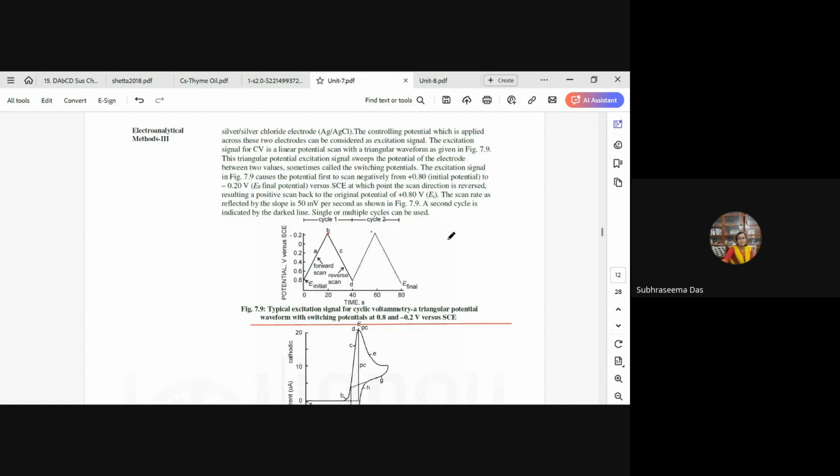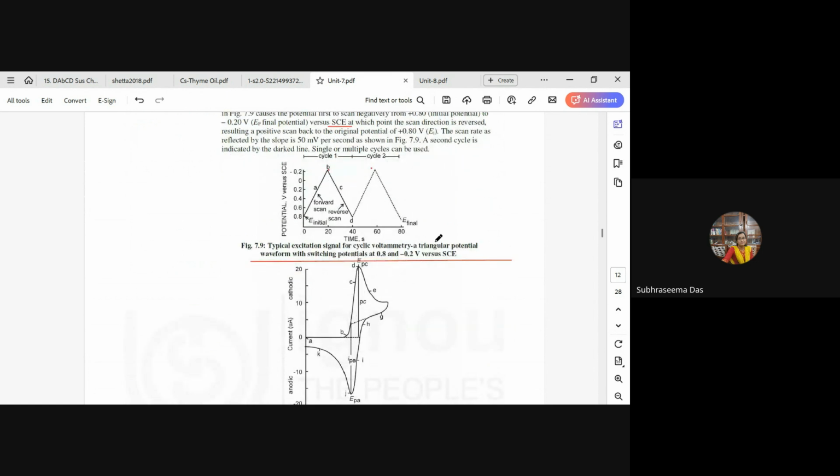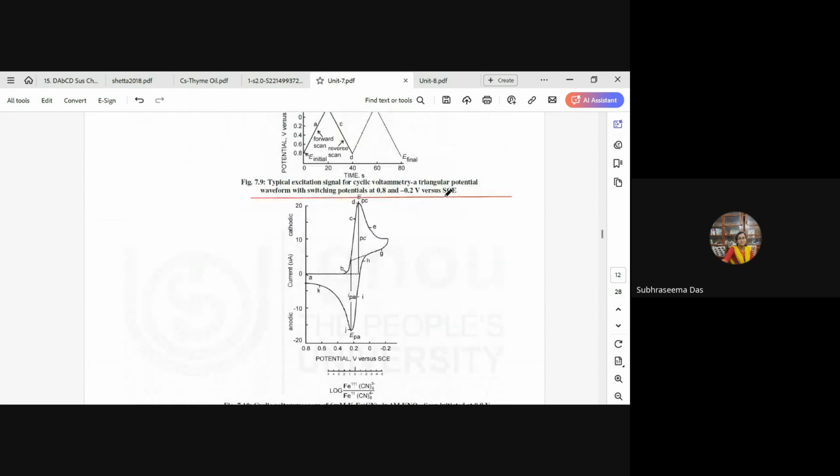The excitation potential here in figure 7.9 causes the potential to first scan negatively from the initial potential to the final potential versus the SCE, which then results in a positive scan back to its original potential. The scan rate, as reflected by the slope, is 50 millivolt per second, and the second cycle is indicated by the dark line. So multiple cycles can also be used here.